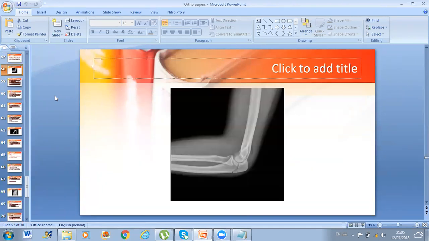Okay, this is olecranon fracture. Can someone tell me, if a patient of 2 years of age comes with an olecranon fracture, what are your concerns? A patient of 2 years comes with an olecranon fracture, what should you exclude?